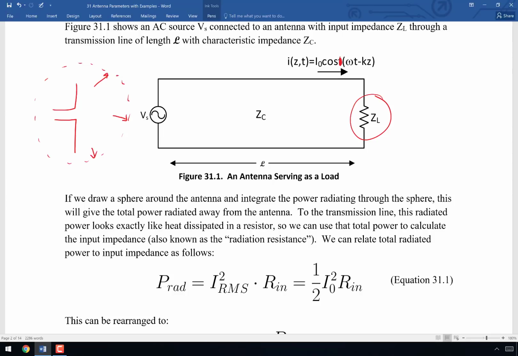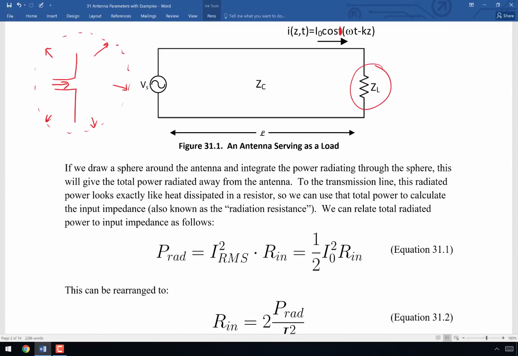So if we calculate the total radiated power that is intersecting with that sphere, and if we assume that the antenna has no losses inside of the wires, which is a reasonable but not perfect assumption, then we can say that all of the power that is going in to the antenna must be converted into radiation, and that radiation will necessarily have to intersect the sphere.